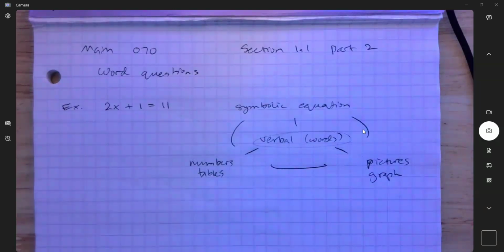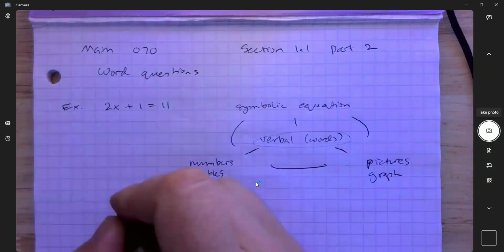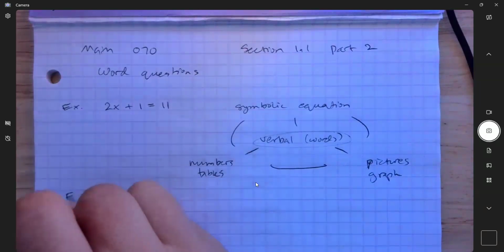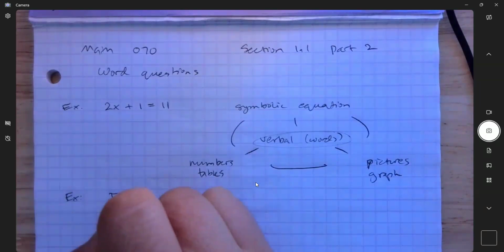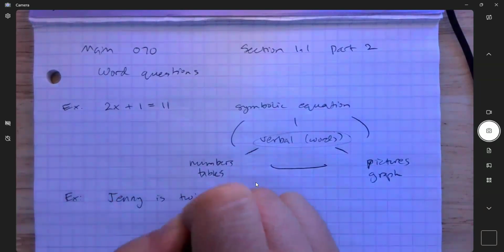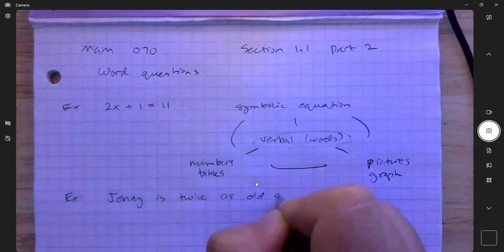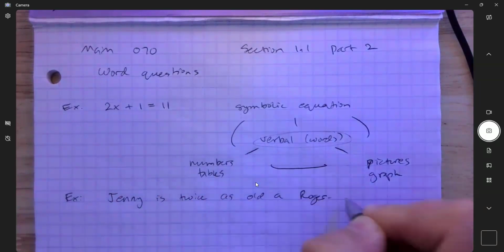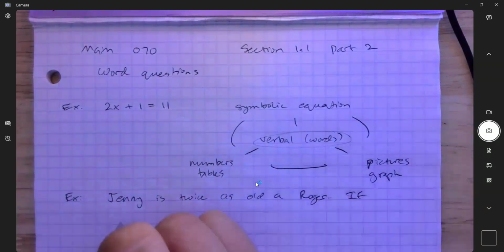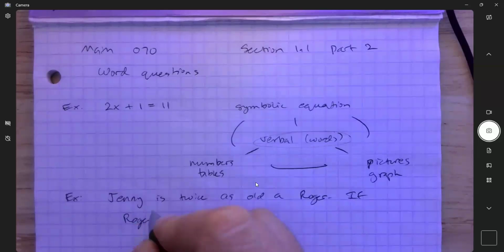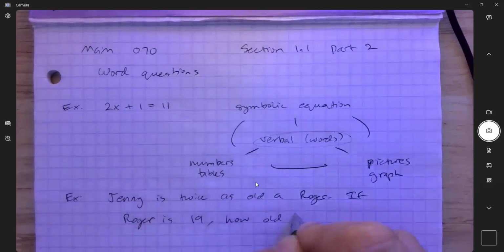let's see, I'm going to grab one from the homework. Jenny is twice as old as Roger. If Roger is 19, how old is Jenny?